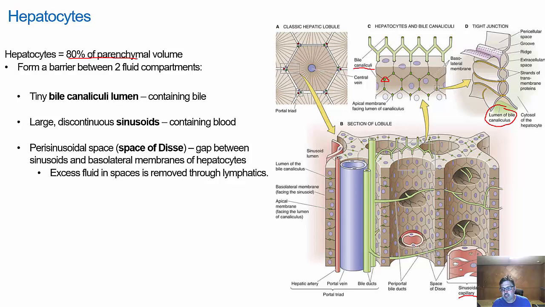This is called the space of Disse. So here you can see a space of Disse that surrounds this capillary bed, supplying a little bit of a space between it and the hepatocytes. Now, this will play a major role in removing excess fluid and other substances from the blood. And a lot of this will go out through the lymphatics as it's cleared away from the liver.